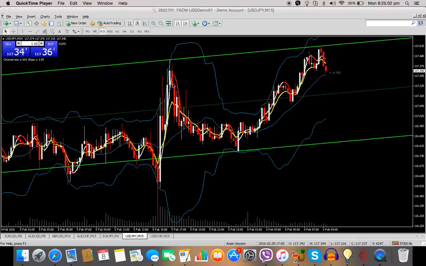The wick and the body of this is both consumed by the body and wick and shadow of this one here. So this one would be considered an inside bar. Now, you're not going to be trading every time you see an inside bar or a high reversal bar. I'm going to show you exactly where to trade and the setup that you're looking for.